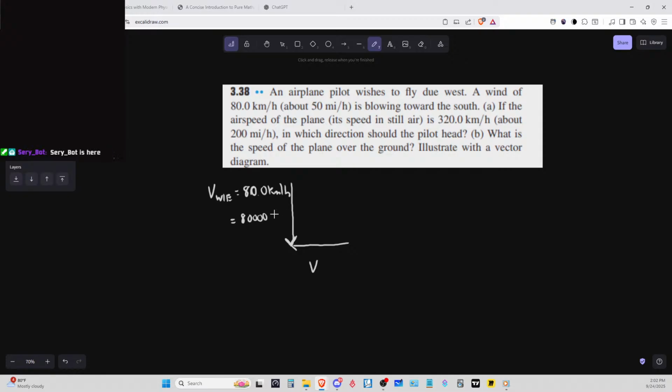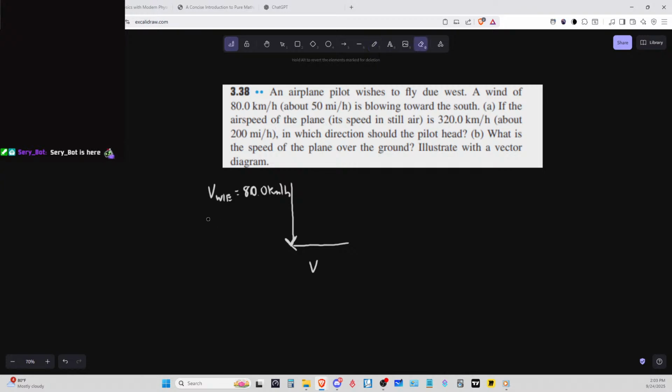I feel like we should though. Actually, I want to convert it to meters per second, because I'm just a stickler for units.